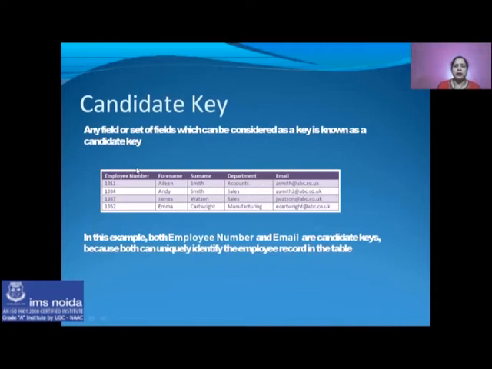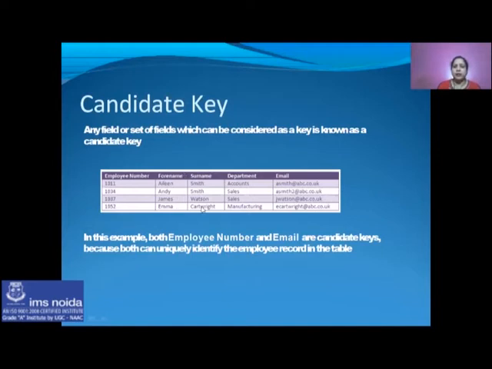Let's consider an example. Here we have employee number, which uniquely identifies a particular record, because employee number must always be unique for each employee. Name here may be unique in this example, but it may be duplicate.